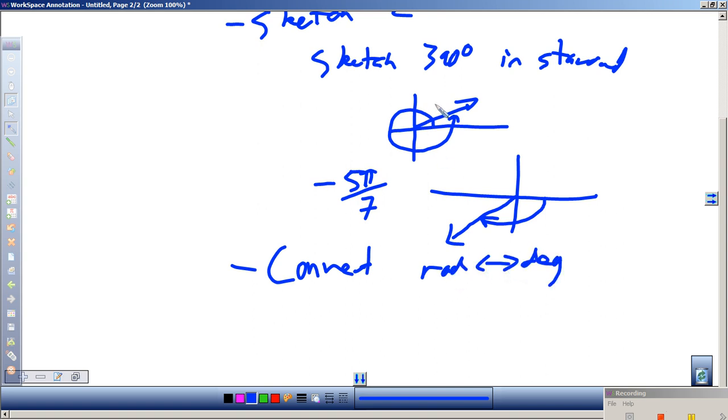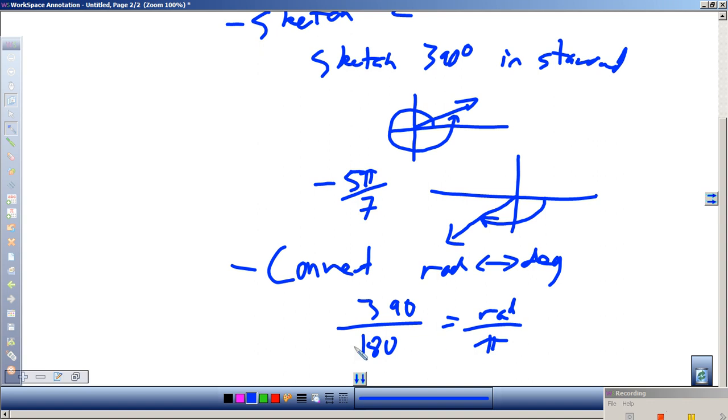So how would you change this to radians, 390 degrees? So you give me a formula memorized in case you forgot, or at least have a way to figure it out. You know how to set up the ratio. Okay, so degrees over 180 equals radians over pi.